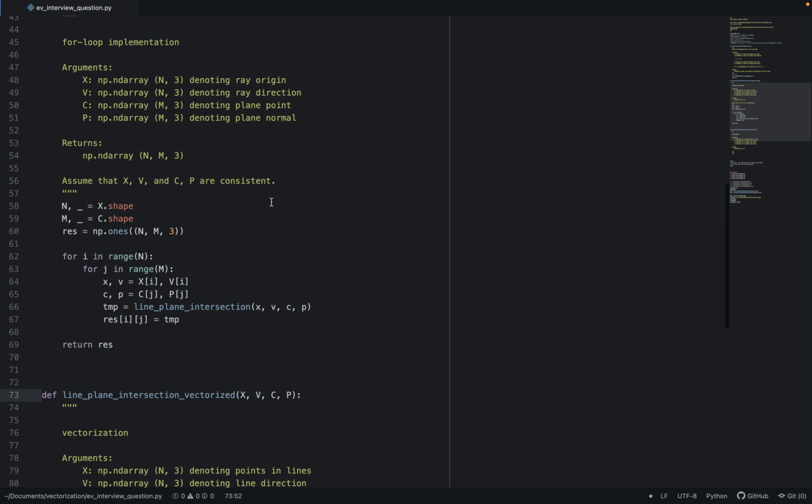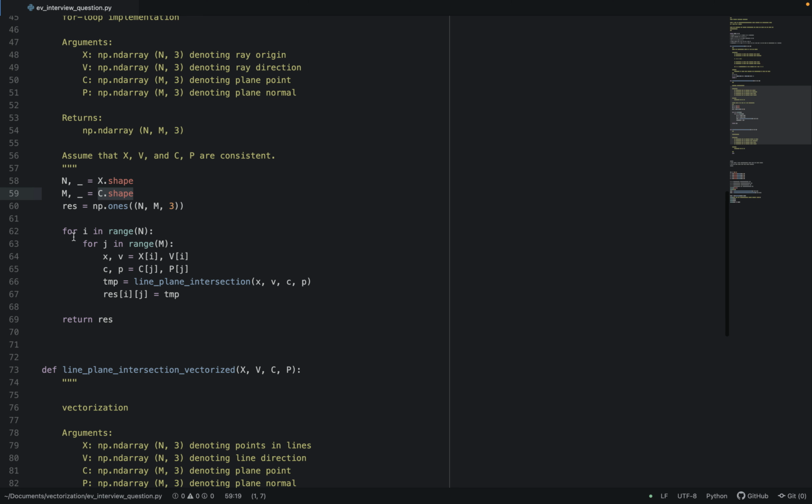It actually tests your familiarity with numpy. For the first one, we know the return shape is n by m by 3, so we can initialize a result as an np array. We can use np ones or zeros, it does not matter, this is just the initialization with this shape. First, we get n and m by calling the shape of x and c. Then we can use a for loop, with i in this range and j in this range.